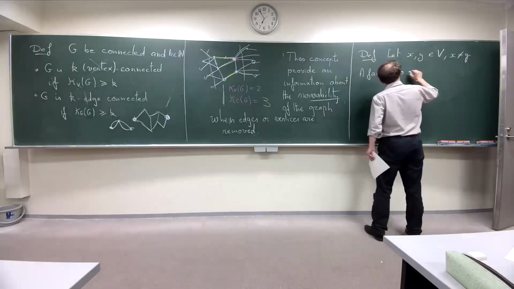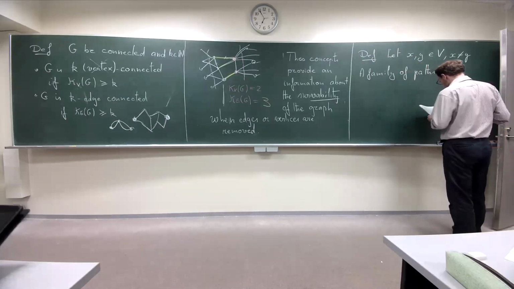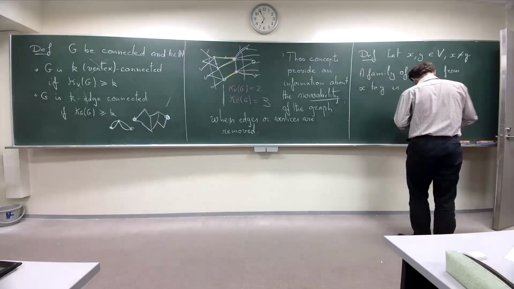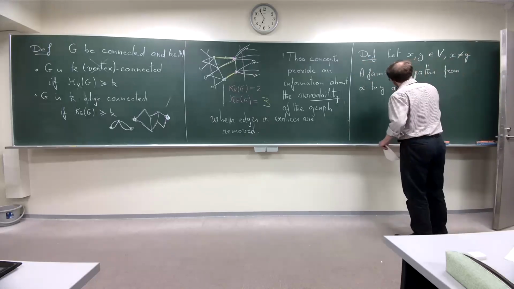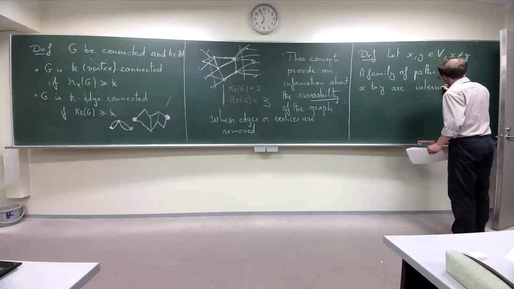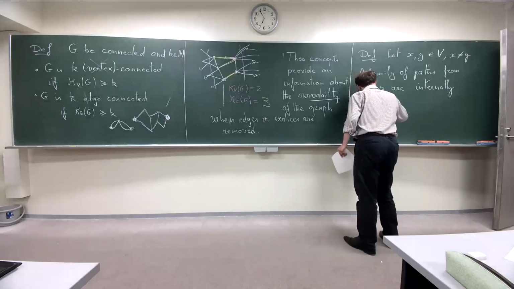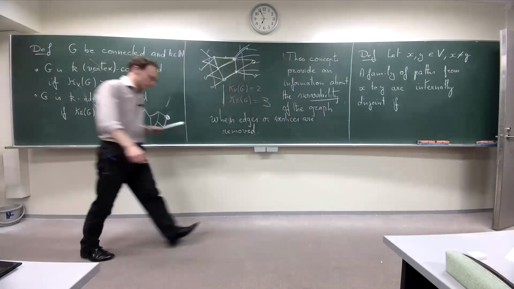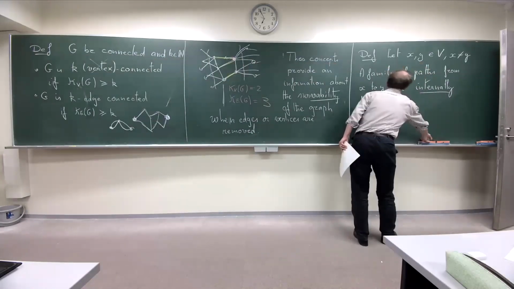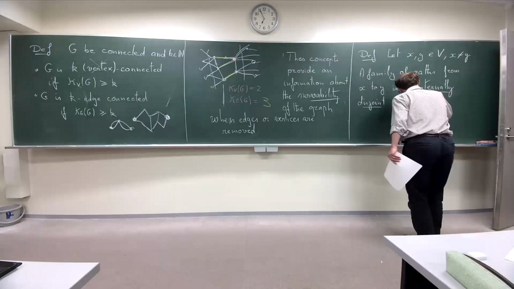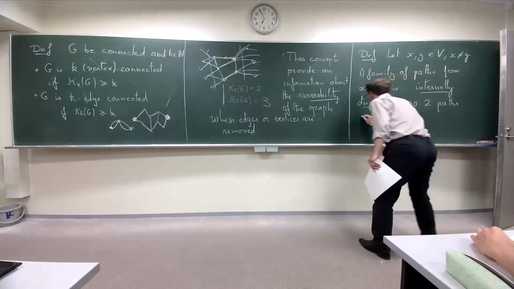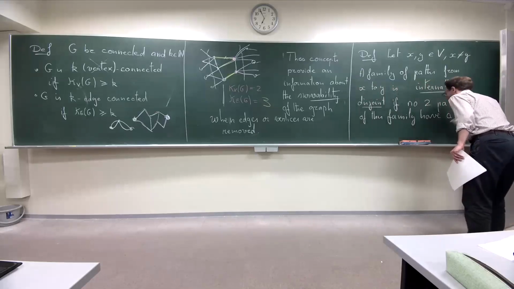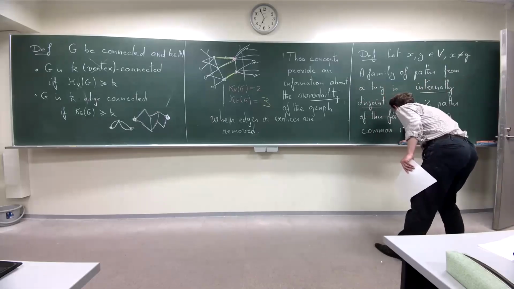A family of paths from X to Y, and we know what a path is, is internally disjoint if no 2 paths of this family have a common internal vertex.